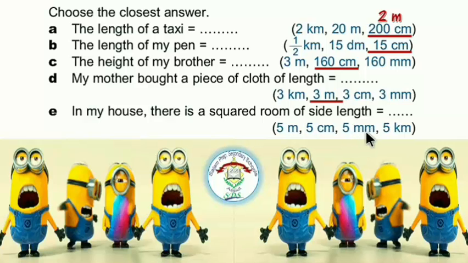Millimeter is used to measure very, very small objects, so we will exclude it. The side length of a room is high, so it's not reasonable to use 5 centimeter. We will exclude 5 centimeter. The correct choice is 5 meter.